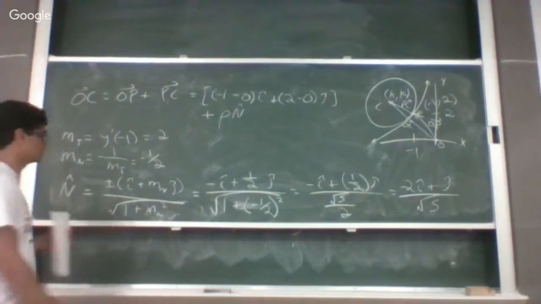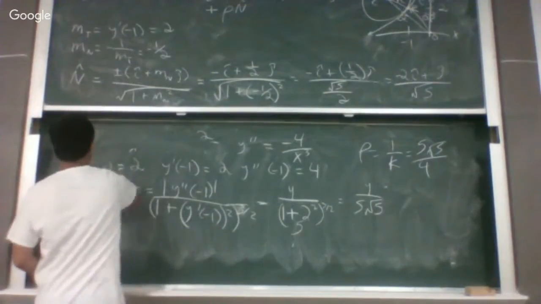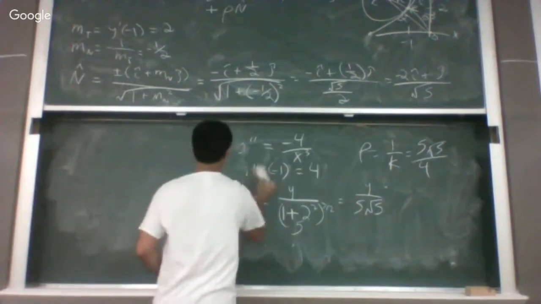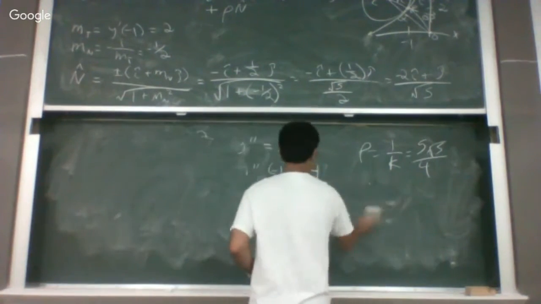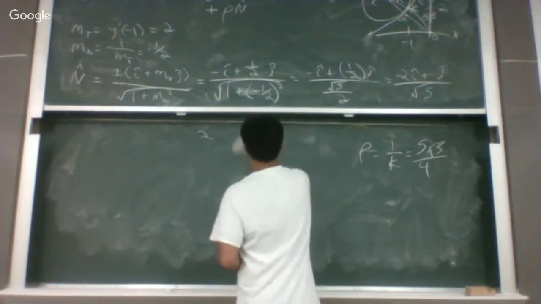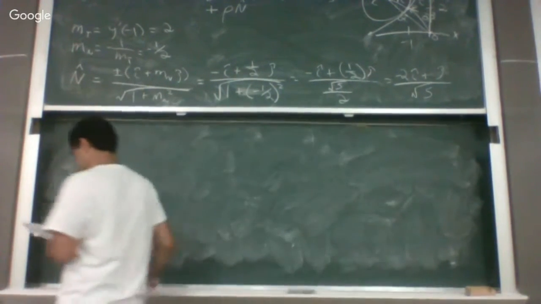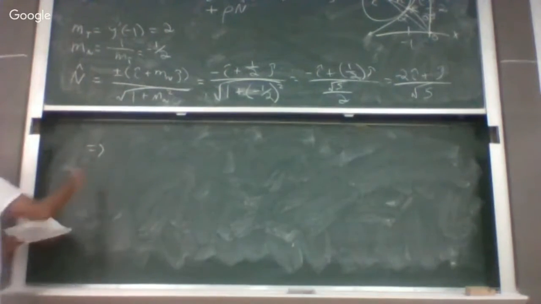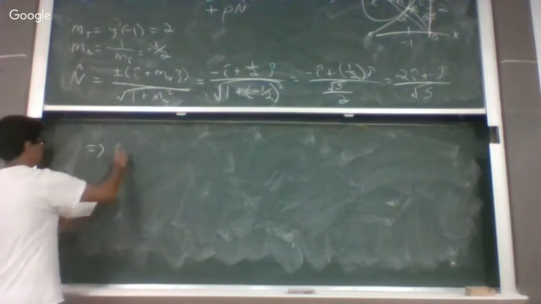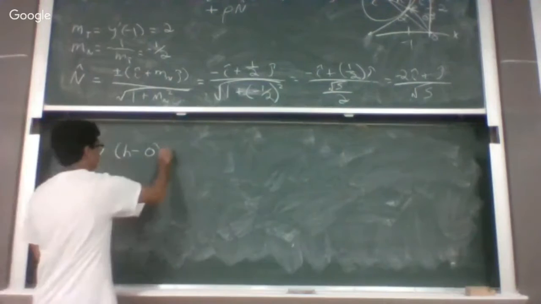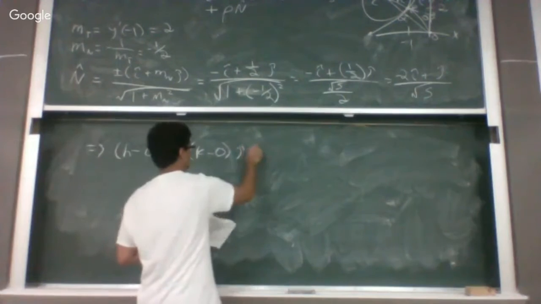Okay. So going back to our very top equation, the vector going from the origin to C is what? h minus 0 i plus k minus 0 j, right?